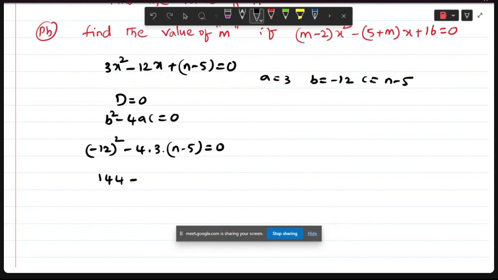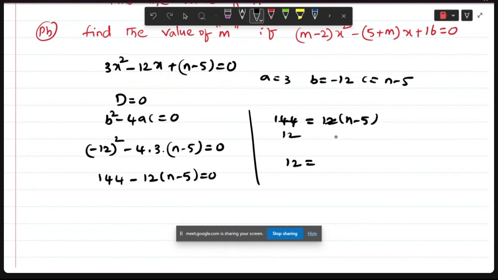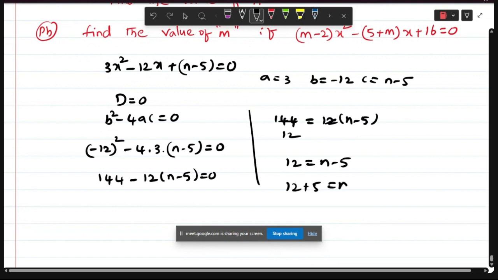So 144 minus 12 into n minus 5 is equal to 0. So 144 is equal to 12 into n minus 5. 12 ones are 12, 12 twelves are 144. So 12 is equal to n minus 5. 12 plus 5 is equal to n. n is equal to 17.